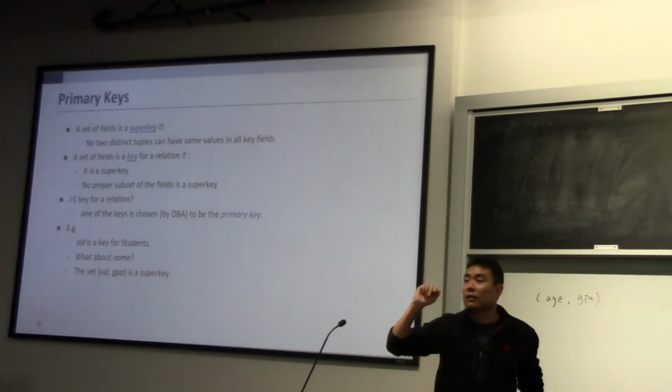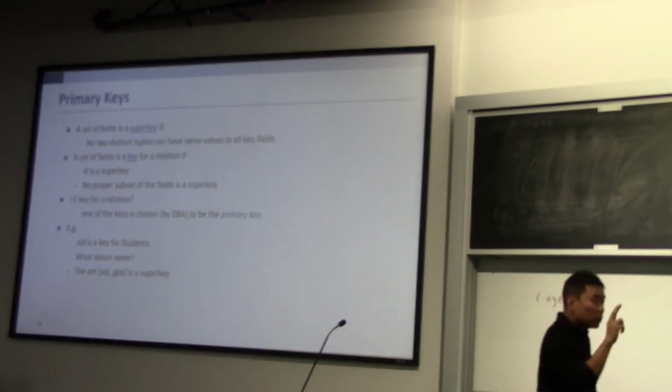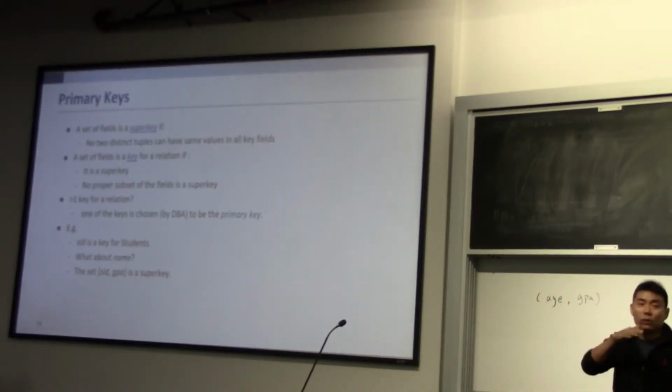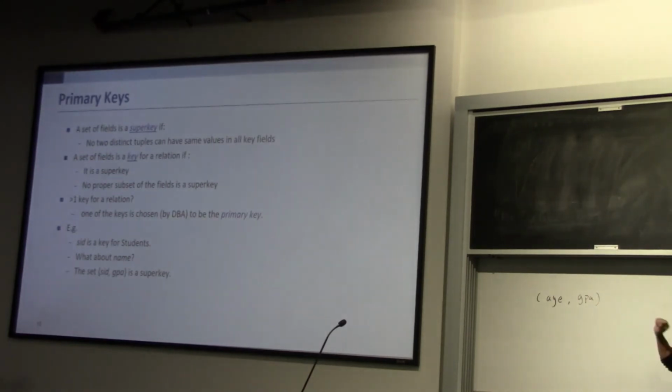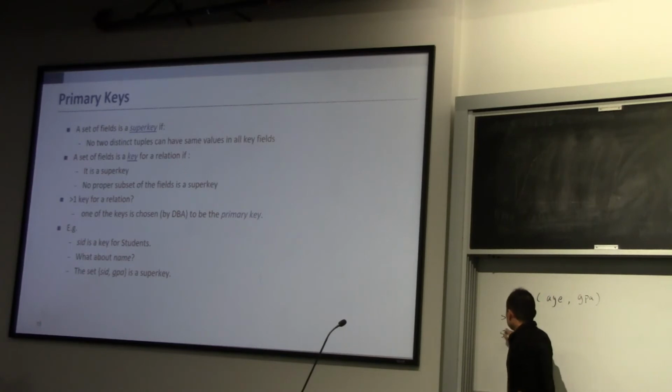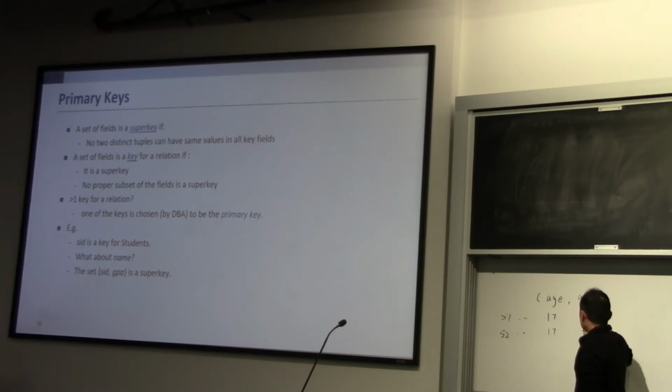They're not distinct, yes. In other words, I can find two tuples, and it's perfectly okay for them to have the same values on both of these fields. For example, I can find student 1 and student 2. I don't care about the other values they have, but both of them can be age 17 and GPA 3.5.